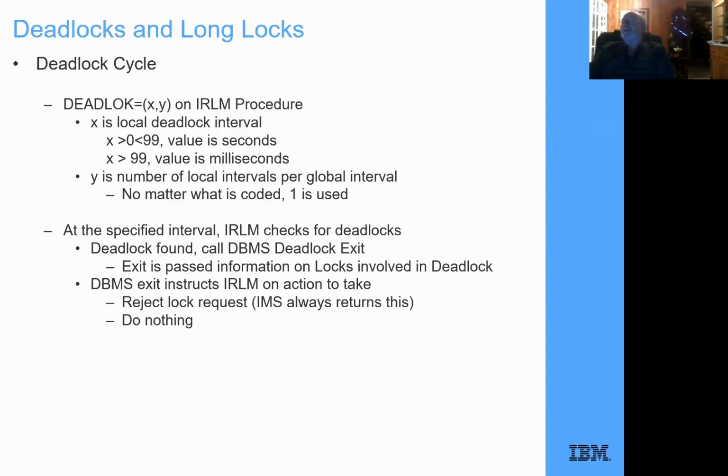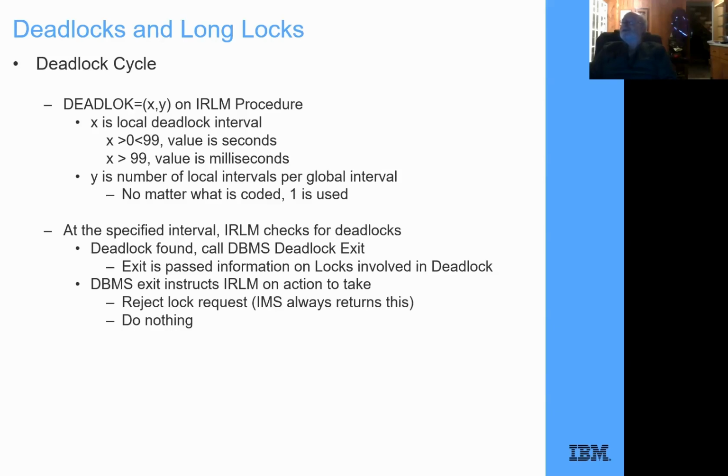So, deadlocks. On the deadlock cycle, there's a parameter on the IRLM procedure called DEADLOCK=XY. X is the local deadlock detection interval. If you code a value between 0 and 99, it's considered to be seconds. If you code a value greater than 99, it's interpreted as milliseconds.